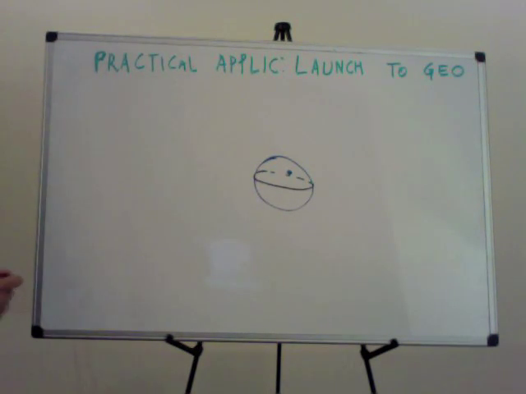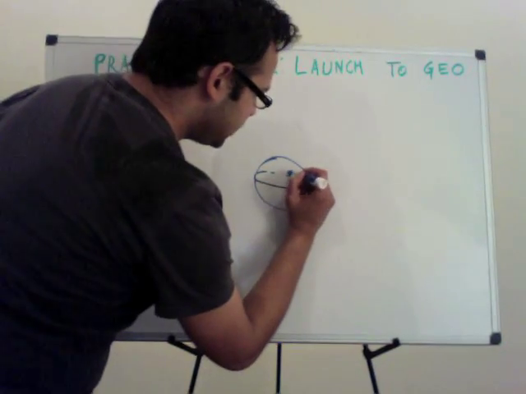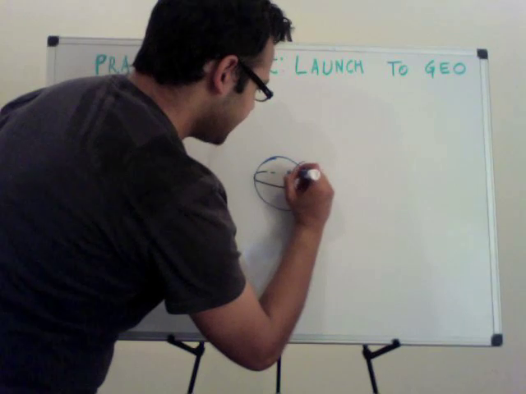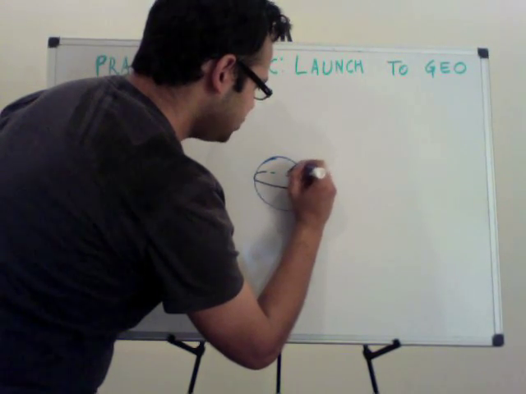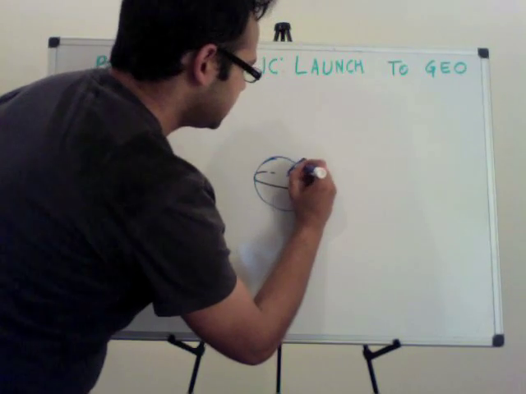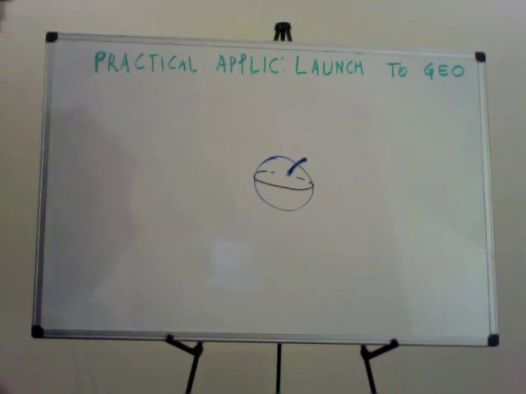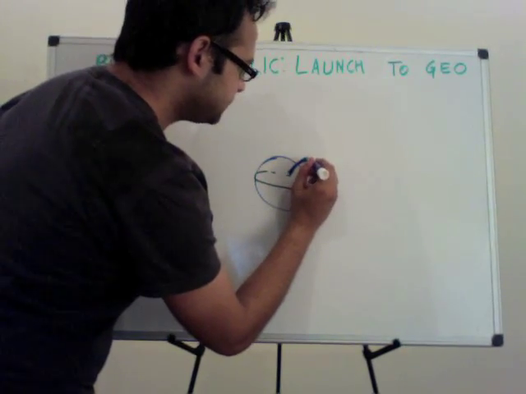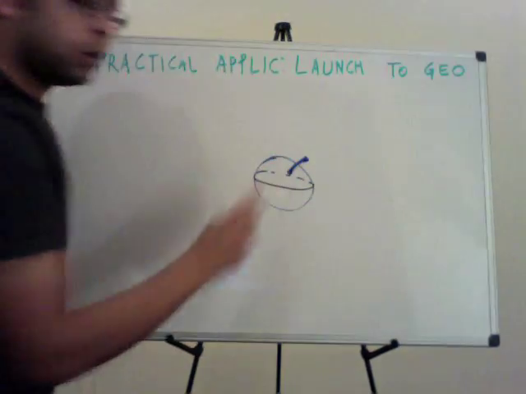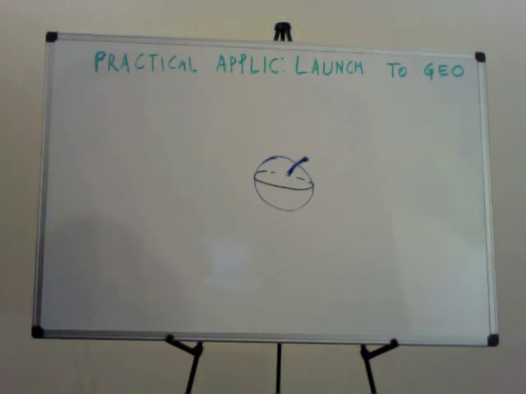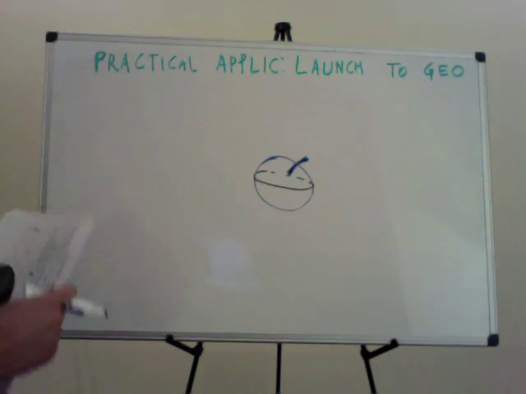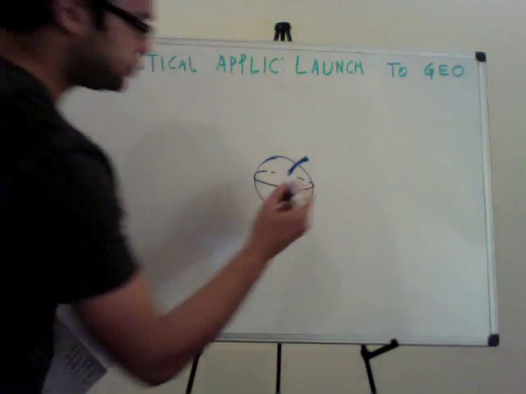The launch takes place in an eastward direction, and this solid arc is the launch arc. At the end of the launch arc is the point known as an insertion point, and at the insertion point, the spacecraft is transferred into what is known as the parking orbit.